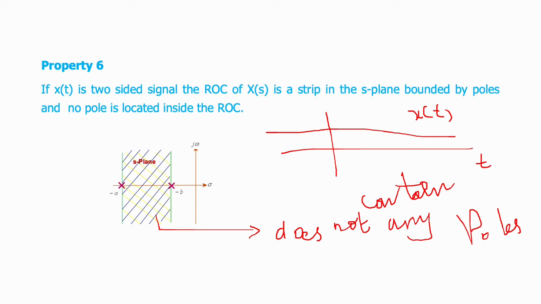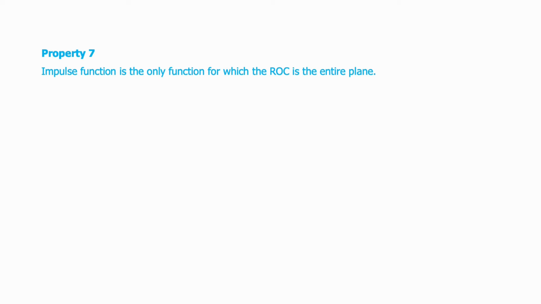Property 7 is: the impulse function is the only function for which the ROC is the entire S-plane. The impulse function is, as everyone knows, x of t equals delta of t. What is the Laplace transform of it? X of s is equal to 1.